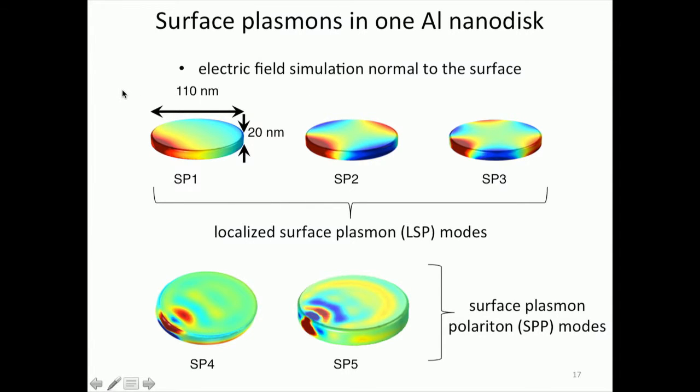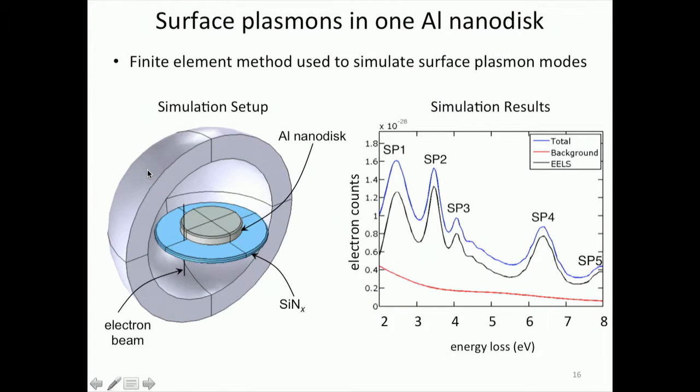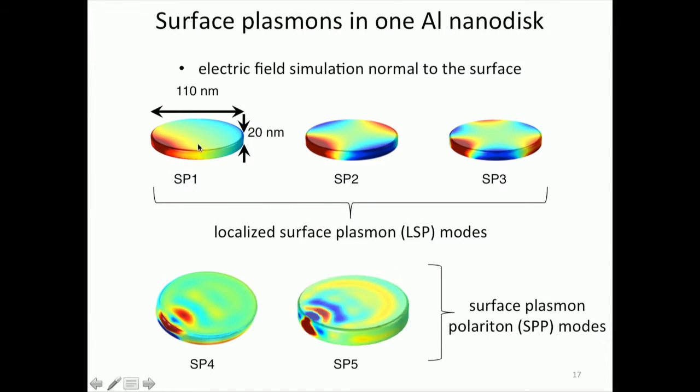These are basically the surface fields that indicate the presence of charge density. So, for the SP1 peak at around 2.5 eV, this peak has this charge distribution. This is a dipole. Then the SP2 peak is a quadrupole. The SP3 peak is a hexapole.